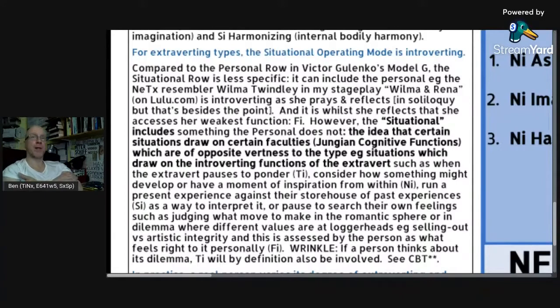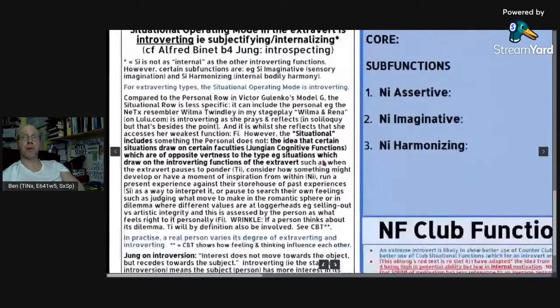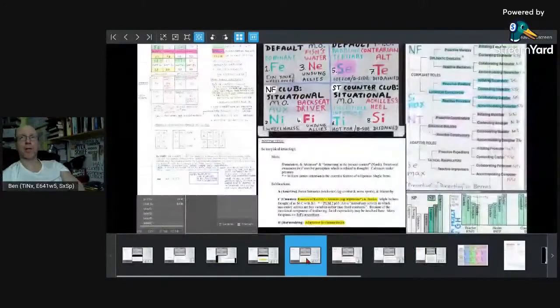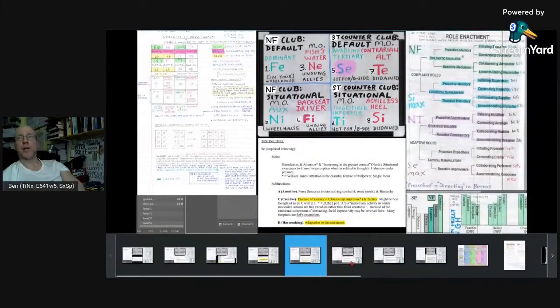Wrinkle, if a person thinks about a dilemma, TI by definition will also be involved. So some hypothesis there.